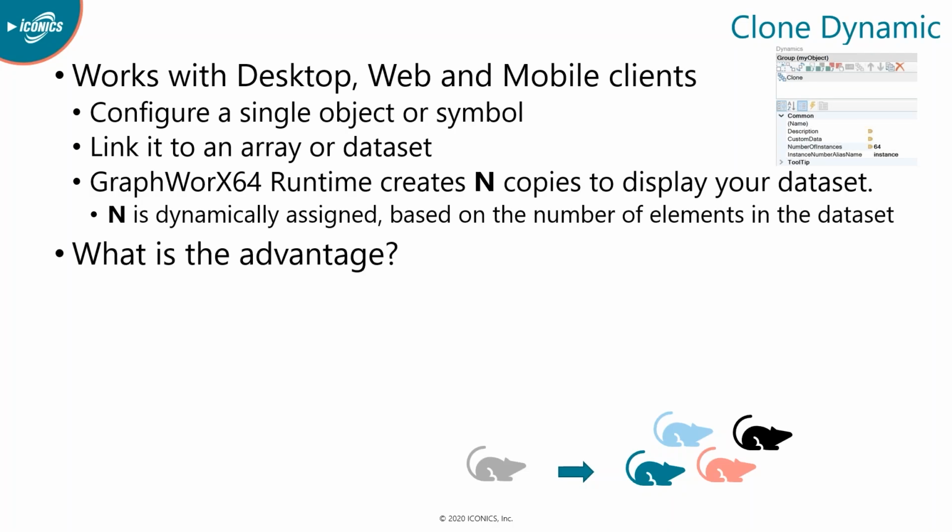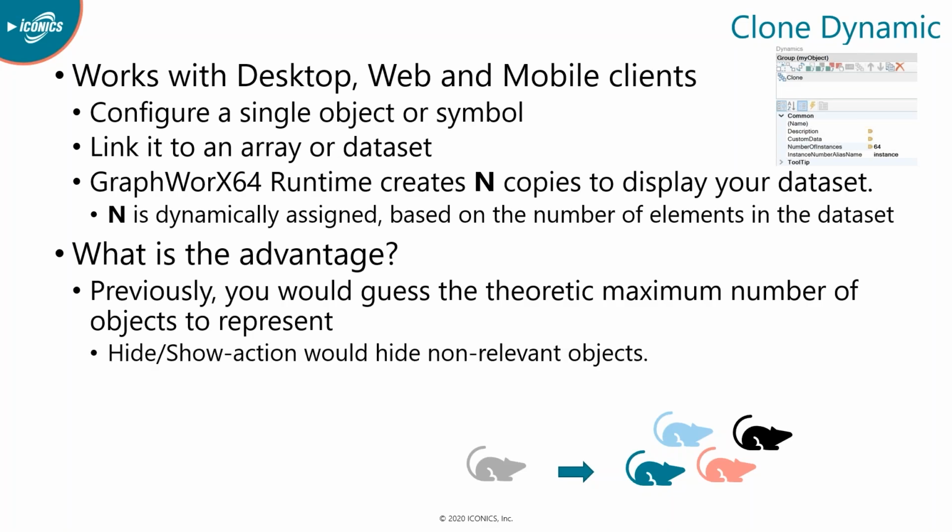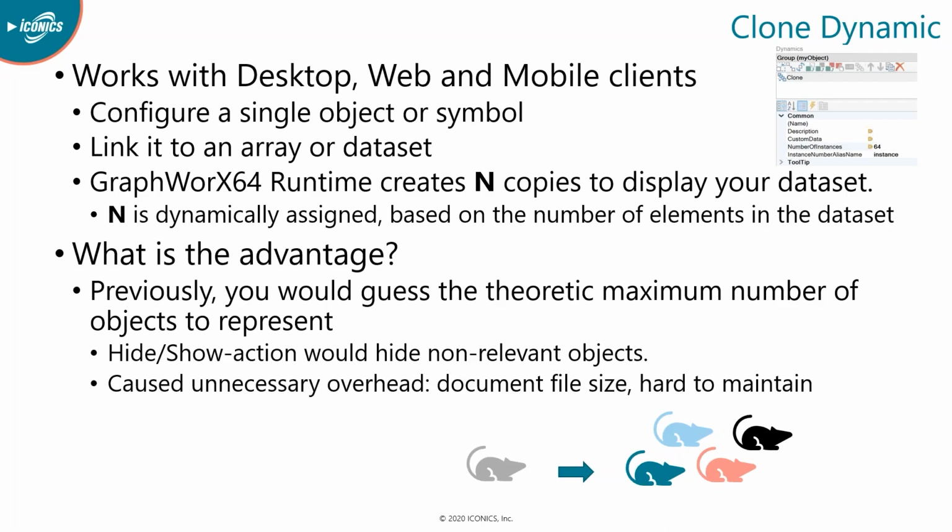So what's the advantage? Well, before, you would have to guess the theoretical maximum number of objects that you would draw in your graphic. And then you would use some hide/show action to basically hide the non-relevant objects during runtime, which is all fine. But your document size on the hard disk is probably 100 times bigger than necessary.